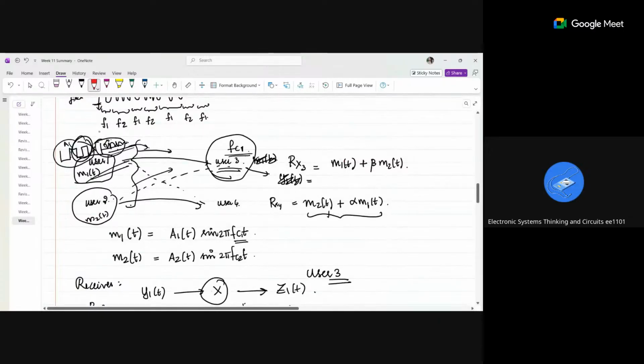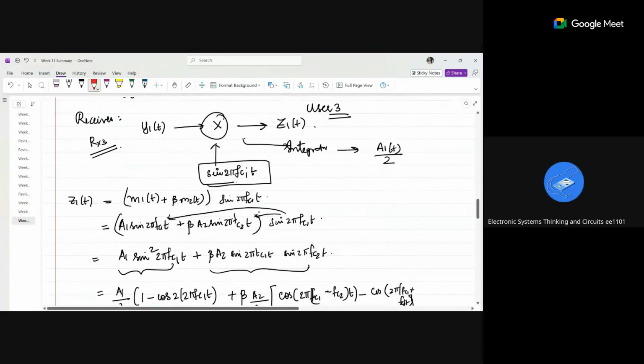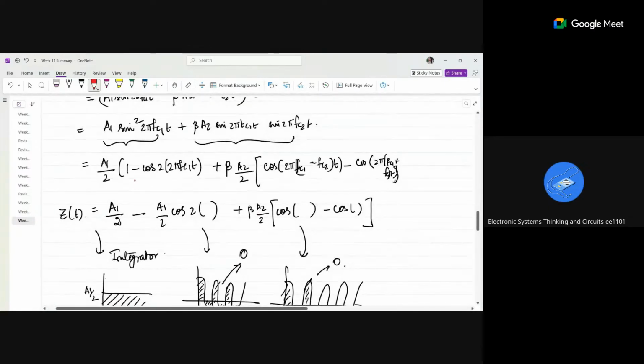You also can understand that user 1 has one carrier frequency fc1 and user 3 also has carrier frequency fc1, and user 2 and user 4 will have fc2. So even if there is some cross connection, like if user 3 collects the data from user 2, it's not a problem. Once you have an integrator, you will cancel out all the unwanted signals and retain the signal which you want.